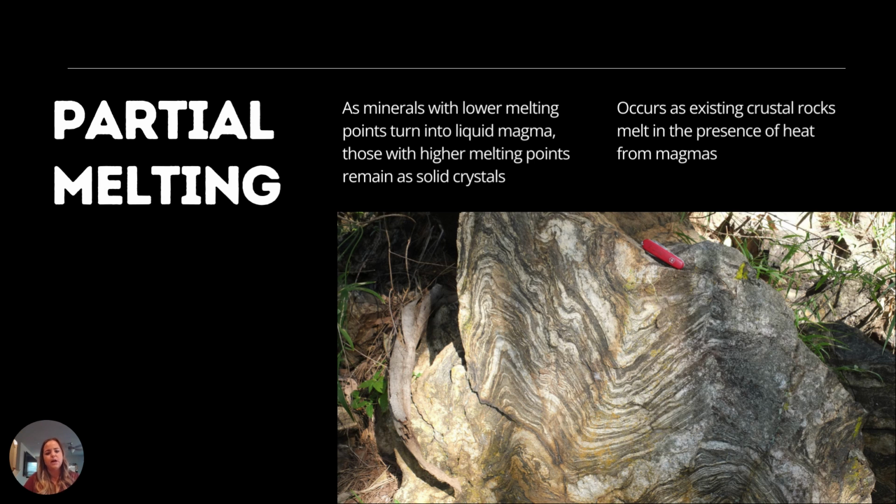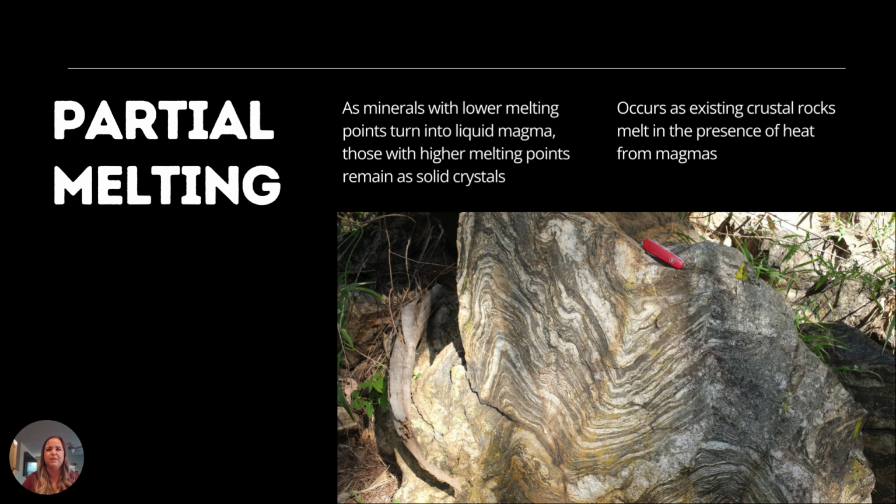And in some of these rocks, we start to see some partial melting. Partial melting will start when rocks get so deep as they're buried that some of the minerals start to melt, but not all of them. We'll revisit this when we look at metamorphic rocks. What's happening here is that some of the crystals are not staying completely solid, and they are starting to melt within a solid rock.